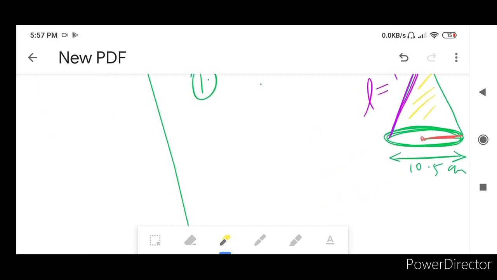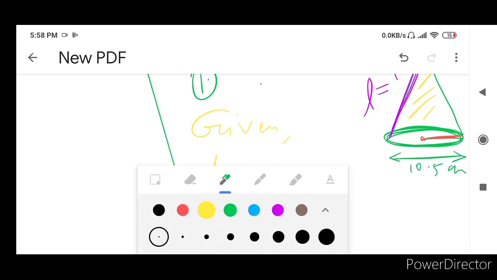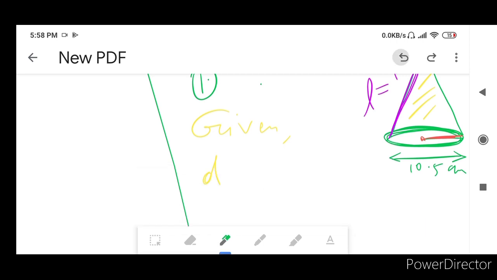Okay, what is the curve? Therefore, first of all let us write the given part. What is given? Given we have diameter D is equal to 10.5 centimeter.